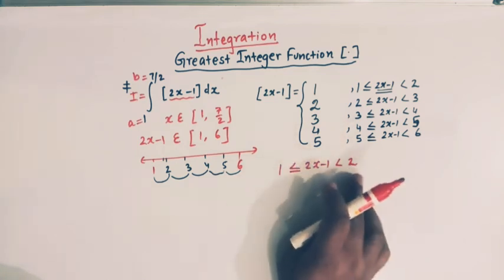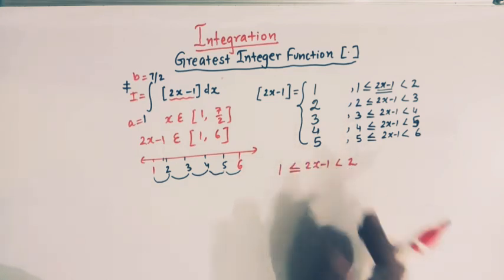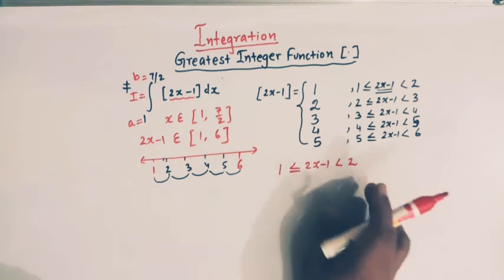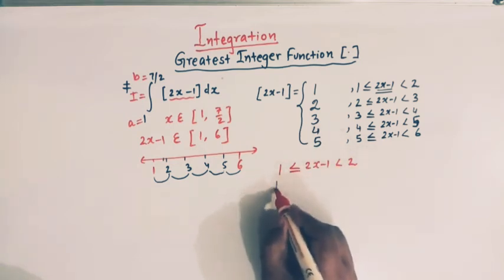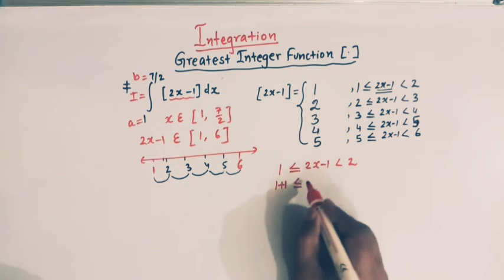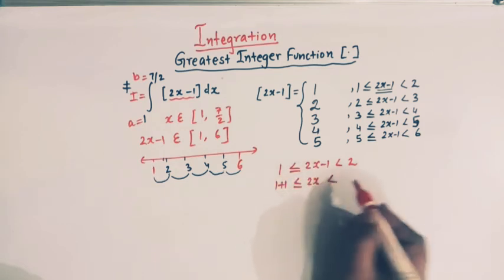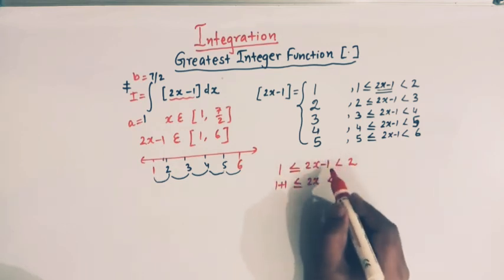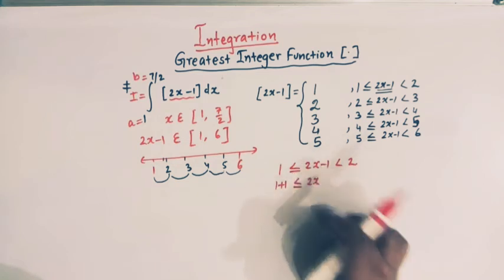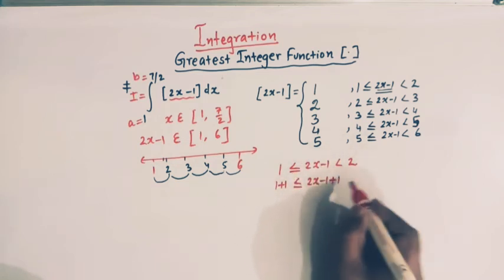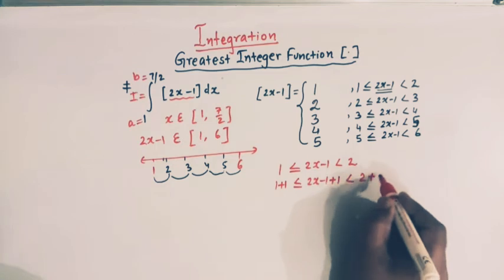Let us see what we get. If I add 1 throughout, then here we have 1 plus 1, here we have 2x, because minus 1 and plus 1 get cancelled, and here we have 2 plus 1.